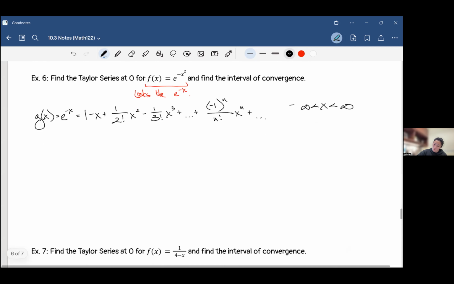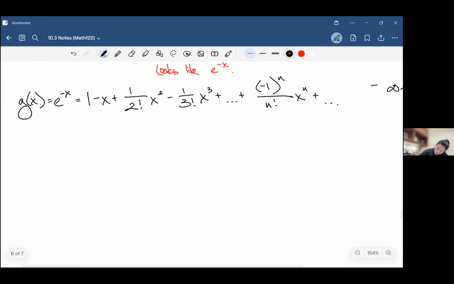Okay, so let's say this now. What if we put, instead of x, we put in an x squared? That sure would give us e to the negative x squared. And so all we're going to do, let me pull up a highlighter for a moment, everywhere I see the x, so here, here, here, here, here, I'm going to replace that with an x squared, everywhere I see that blue.